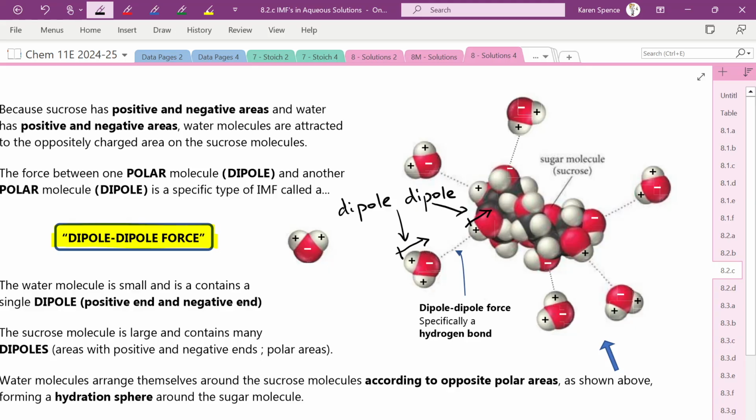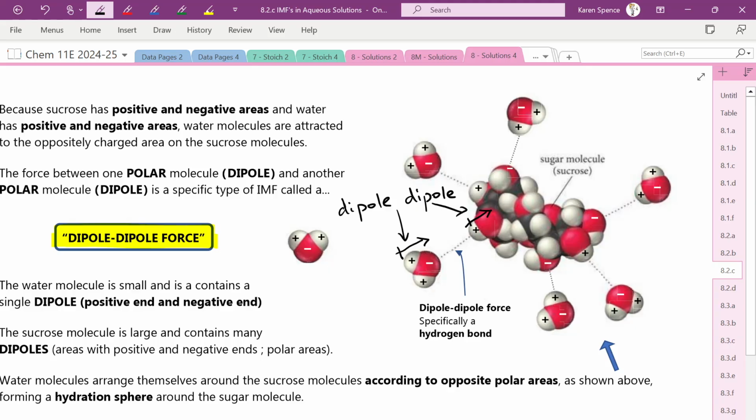Love these names, right? You got an ion with a dipole, ion-dipole. You got a dipole with a dipole, dipole-dipole. And the sugar bonding to the sugar is also dipole-dipole. But because hydrogen is bonded to oxygen, it's a little bit different. There's a special type of dipole-dipole when hydrogen is bonded to either oxygen, or who do you think the other two are?